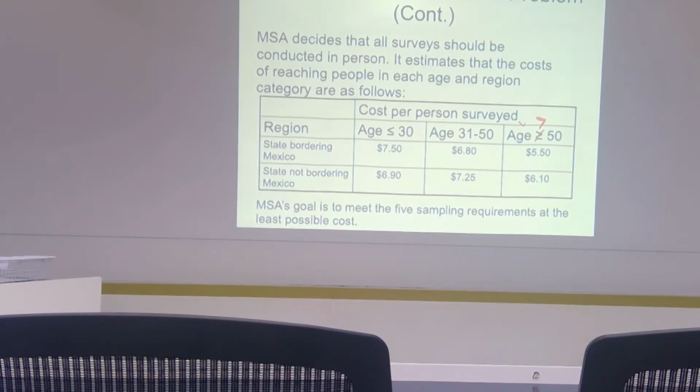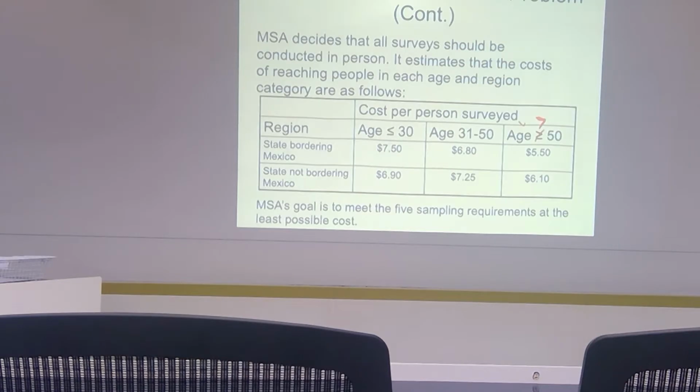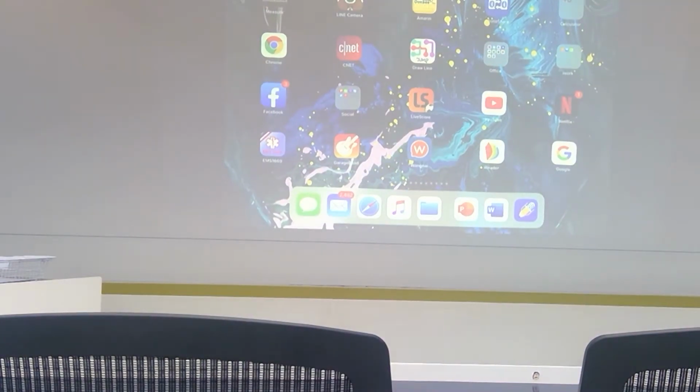So it's not that difficult, because the cost per person also tells us about the region variable already. Right. We have the regions, states bordering Mexico and not bordering Mexico, and also we have the 3 different ranges of age. Okay, and we just need to meet these 5 requirements. Okay. So then we want to do that.